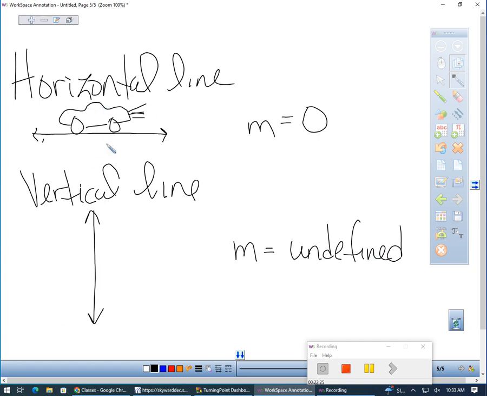When we say this is rise over run, right? If I had a point on this end and a point on this end, how many am I rising up to get to the other point? 0, right? Over some number. If you have 0 over a number, you can take 0 and divide by 4 and you still get 0. So that works.